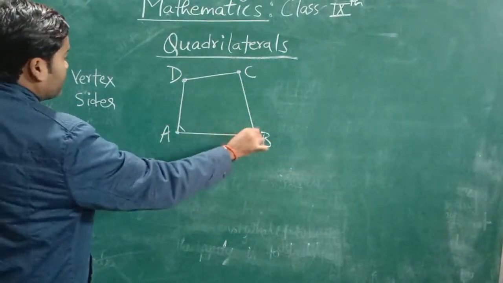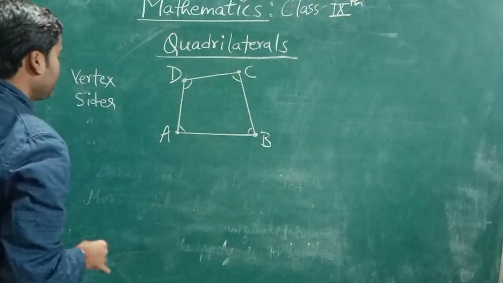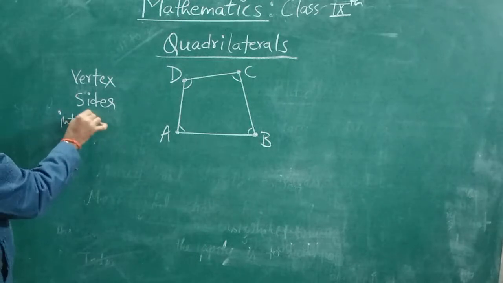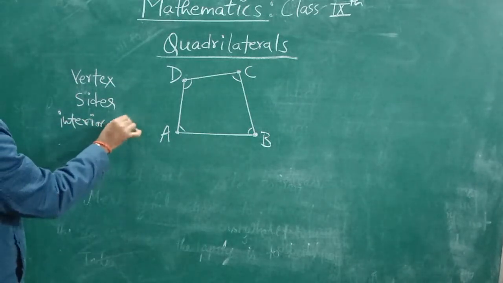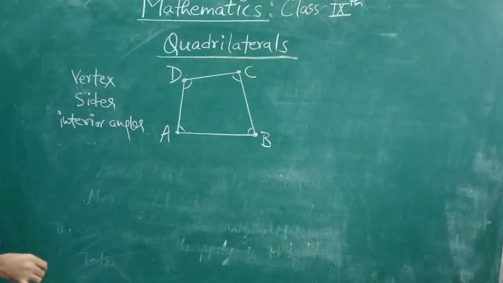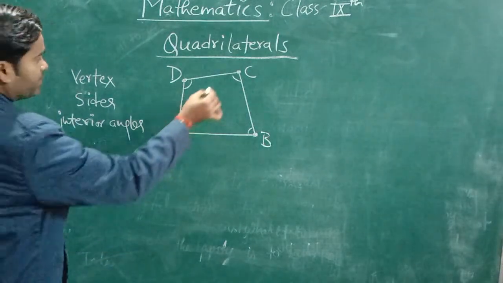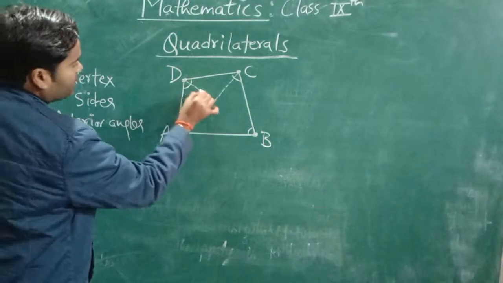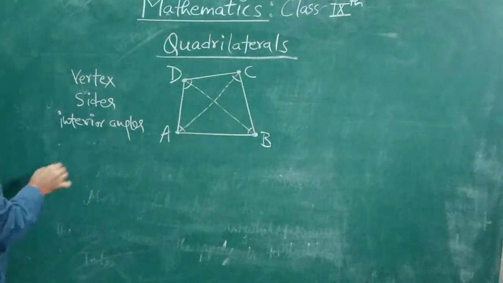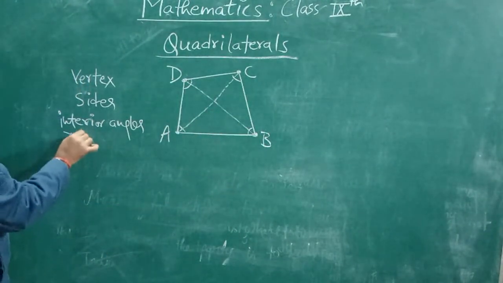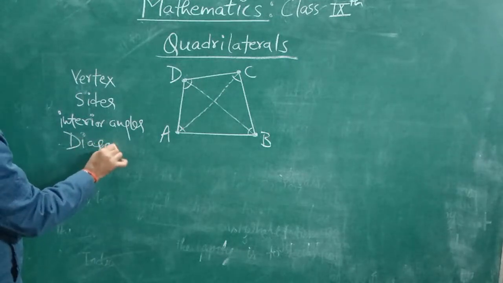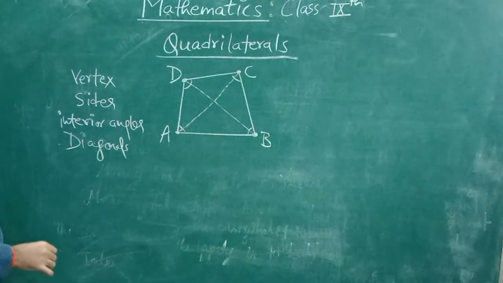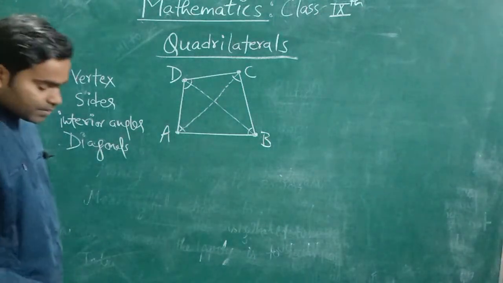Angle A, angle B, angle C, angle D are called interior angles. And if we join opposite vertices A to C or B to D, then AC and BD are called diagonals of this quadrilateral ABCD.